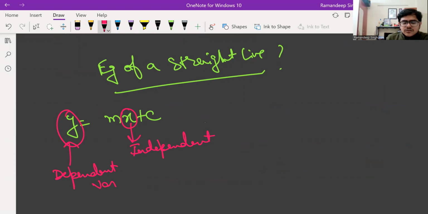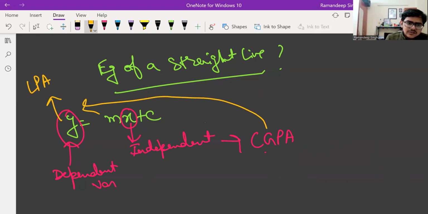In our case, what is the independent variable? It's the CGPA. A student might have got any CGPA, and based on that CGPA, his package is being decided. So the package a student has got is depending upon the CGPA he has got.